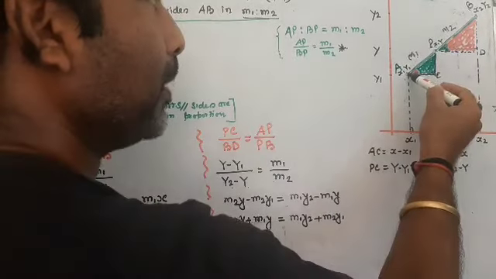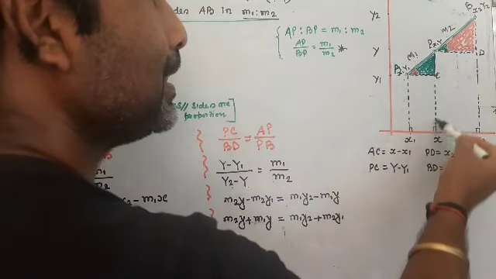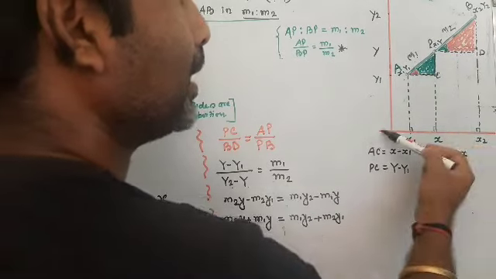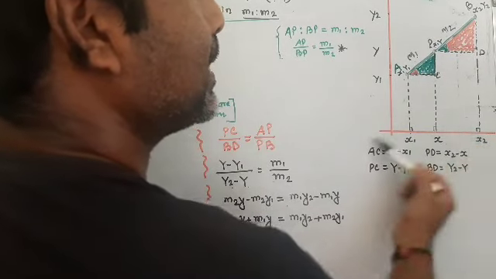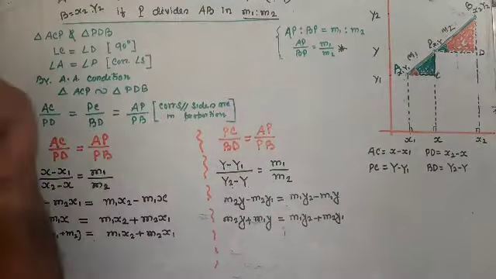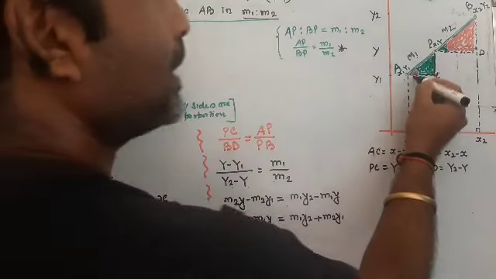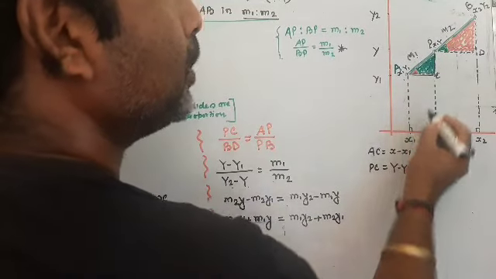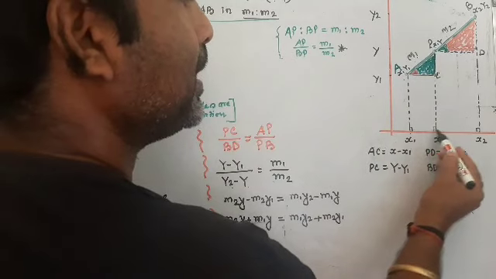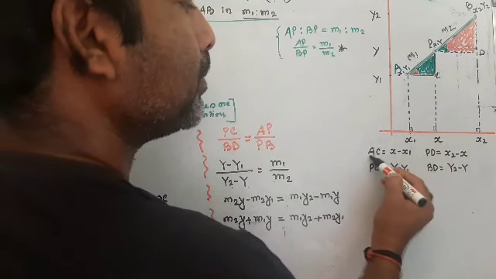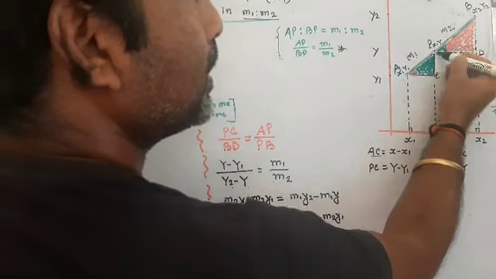For this, we draw perpendiculars A, C, D on this x axis. So what is the distance of AC? Distance of AC is y... complete x minus x1. What is the distance of PD?